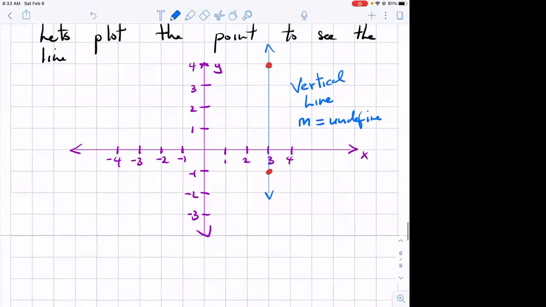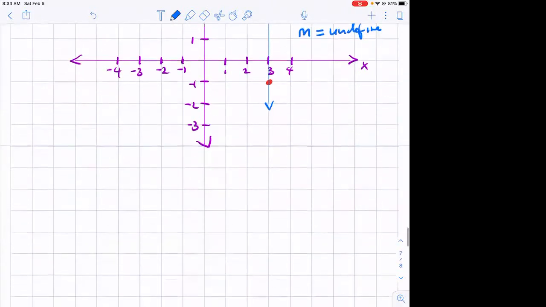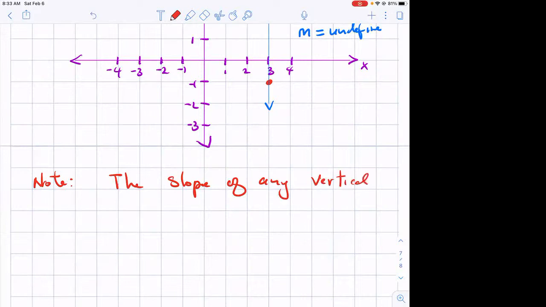And this will be the case in every single situation. Okay? Every situation. So you will note the slope of any vertical line is undefined.